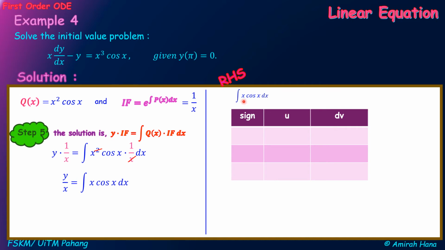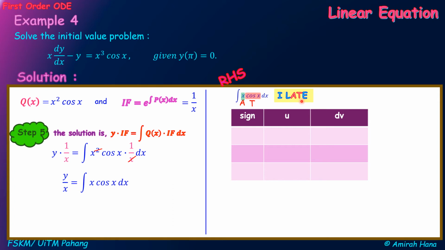When we use integration by parts, we need to choose one function as u and the other function as dv. From here, x is A, where A means algebraic function, and cos x is T, where T means trigonometric function.